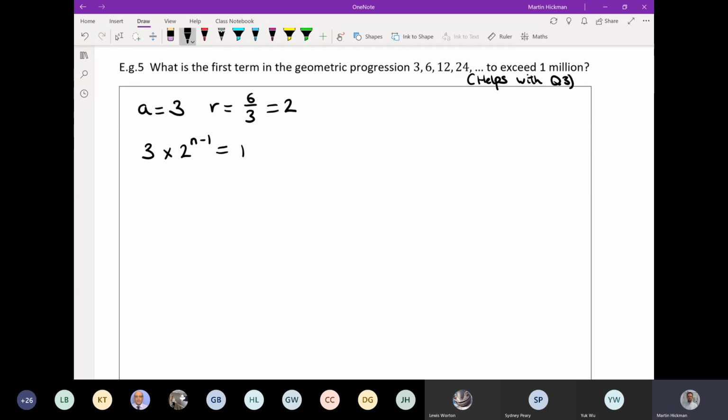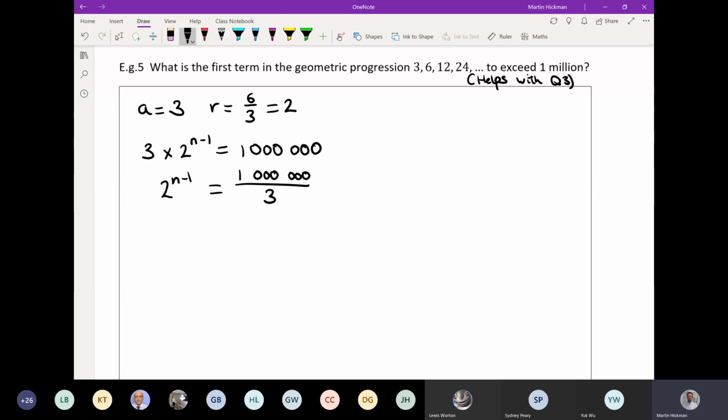And we're looking to see where this equals 1 million. Make sure you put the right number of zeros. We divide through by 3, as so. And now we want to find this power.